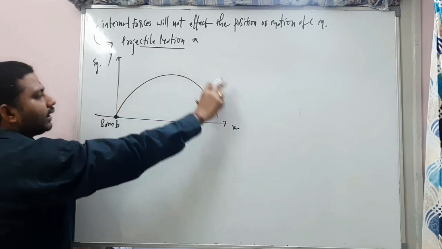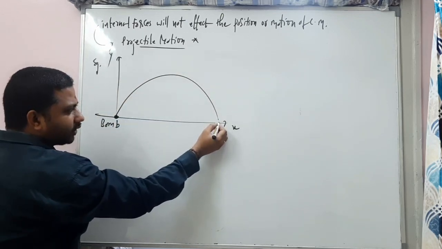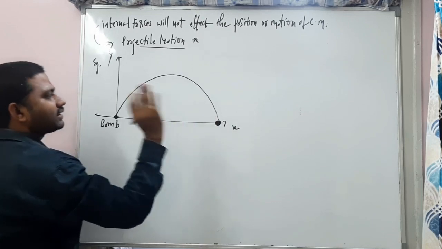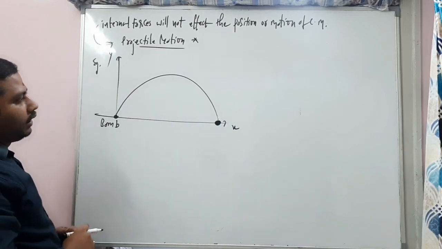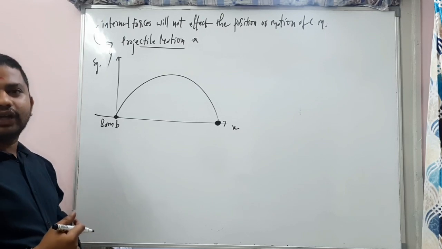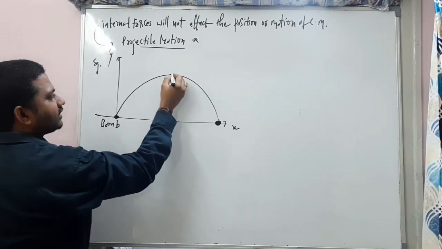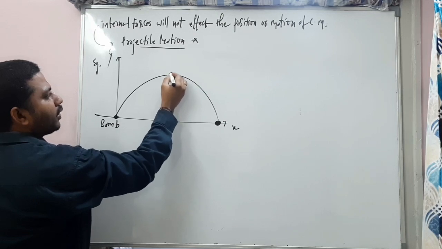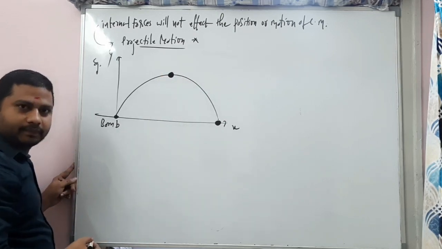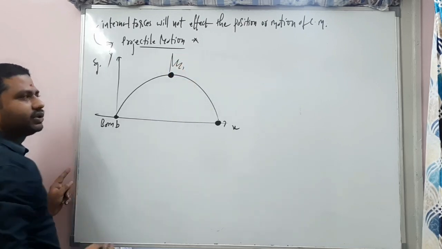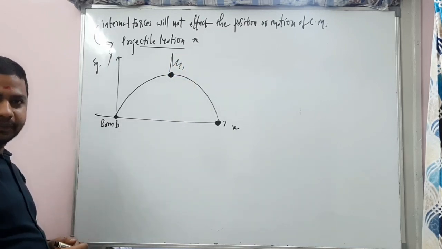It is moving in an exact parabolic path and incident here. So this is the actual situation. What we are taking right now is exactly at the maximum height. This is the maximum height position. The bomb is exploded. Exactly at the maximum height position, the bomb is exploded.